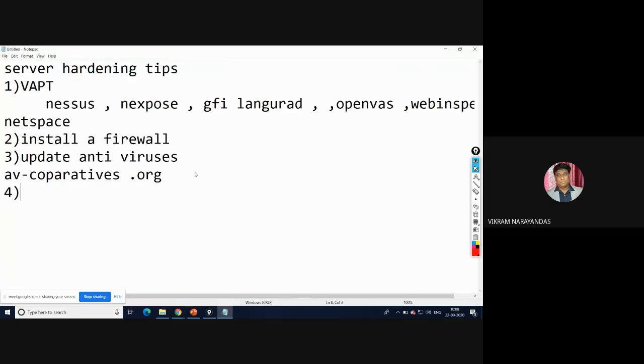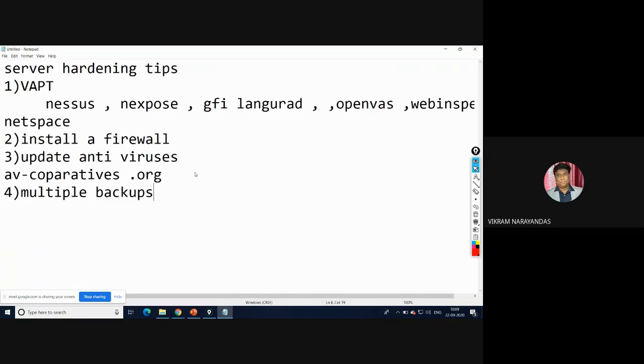Next one, multiple backups. You should keep your data in multiple backups.